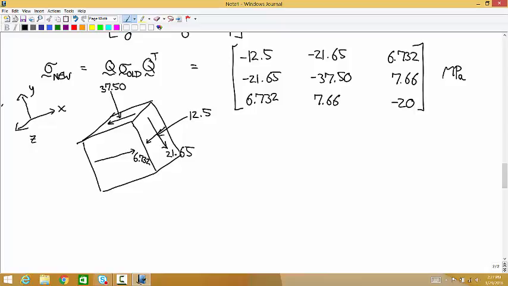And then in the z direction, we have a positive 7.66 and a matching one there. And then on the z face, we've already drawn these two, and then we have a compressive stress of 20.